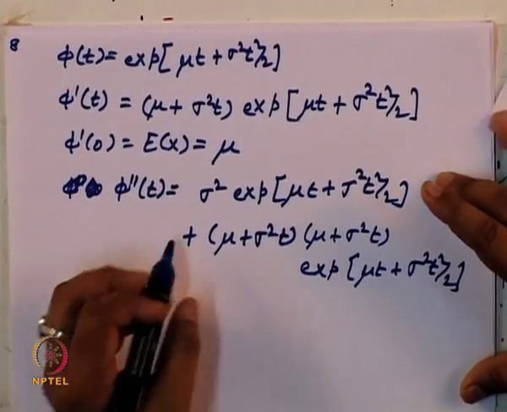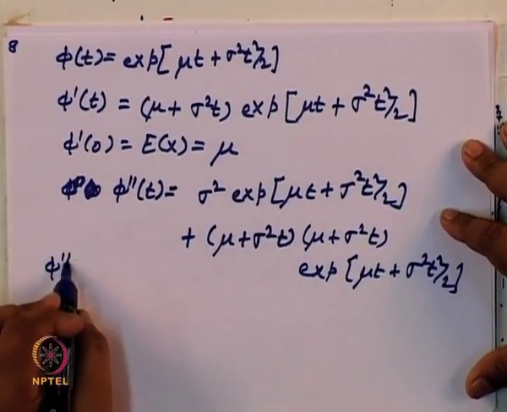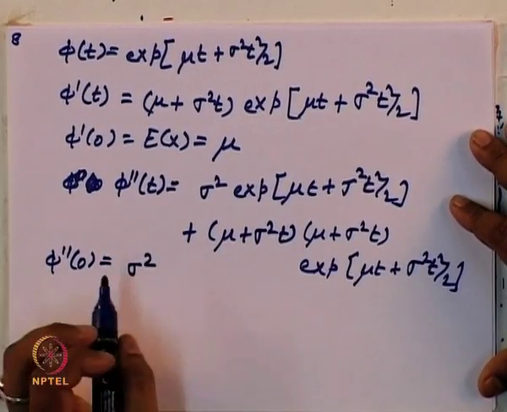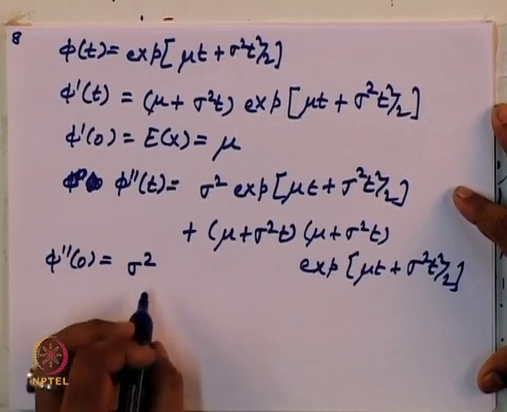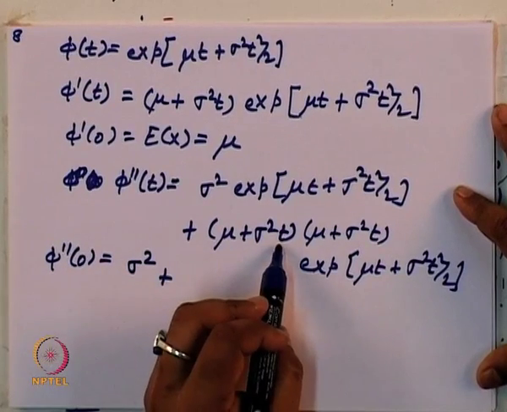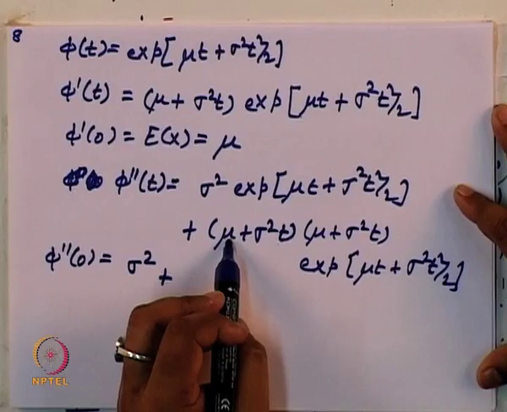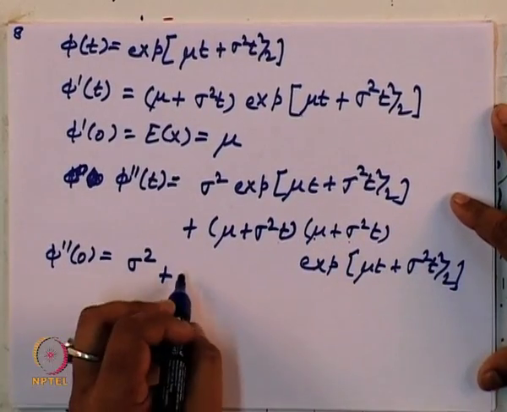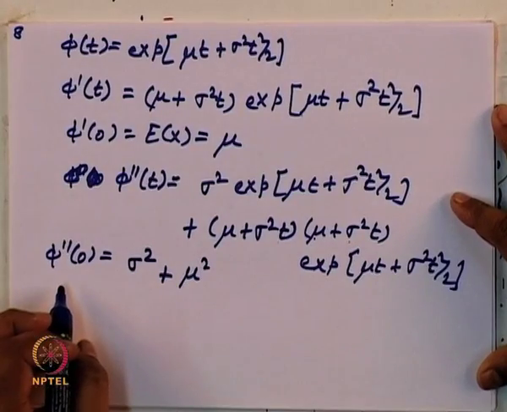So, phi double prime of 0 will give me a value of sigma square plus, at t equal to 0, you only get a value of mu here, here also you get a value of mu, and this whole thing is 1. So, you get a value of sigma square plus mu square.